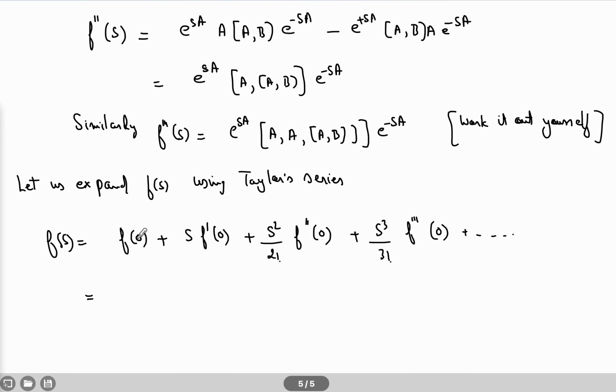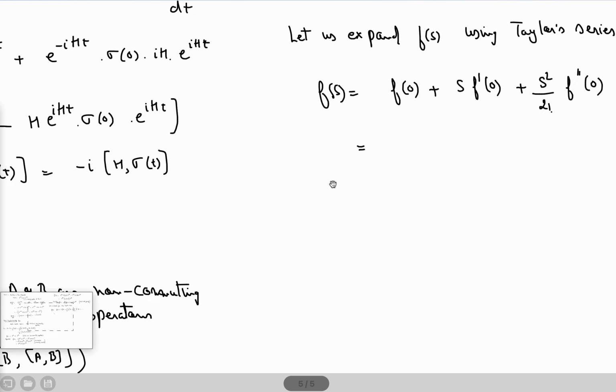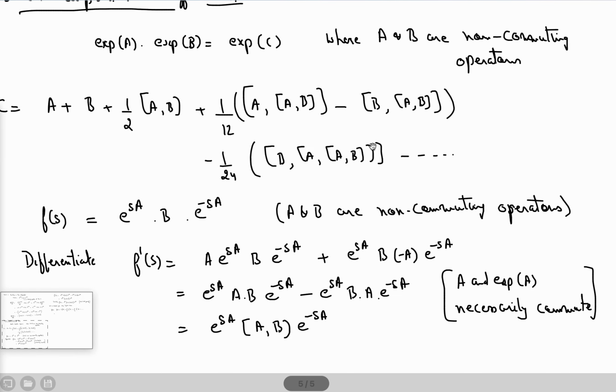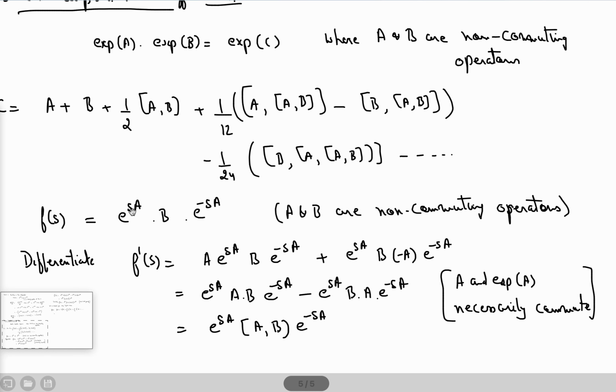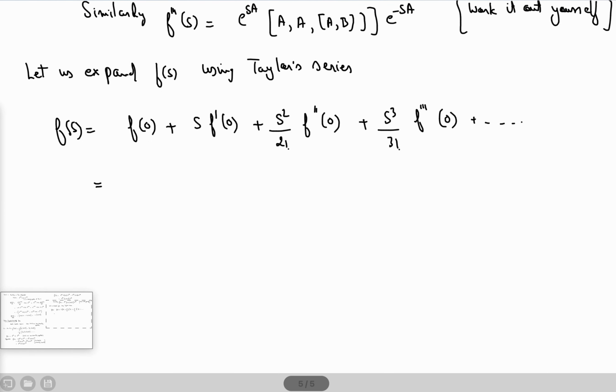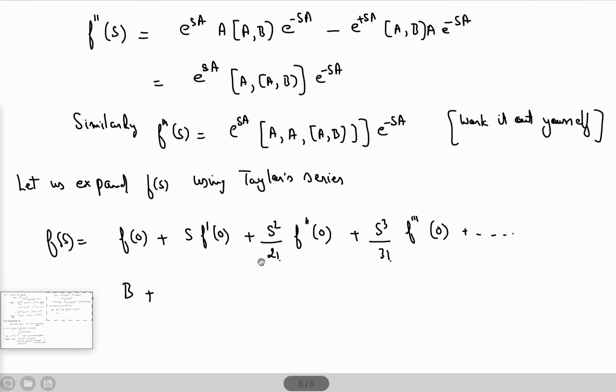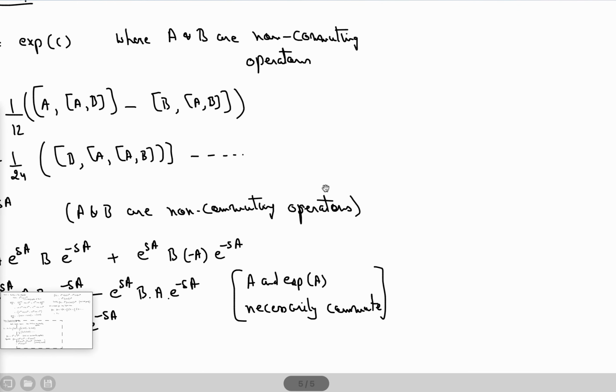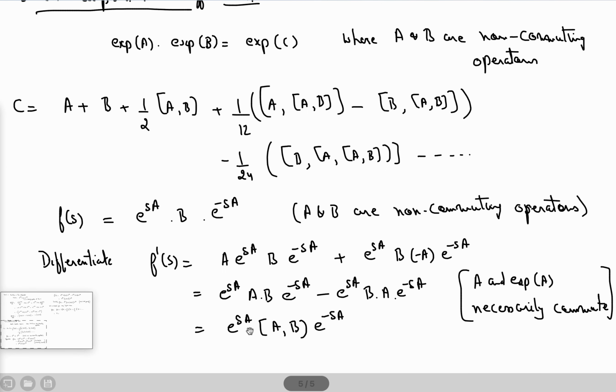So let us see what we get if we put s equal to 0 in the original function. The original function that we assumed was this over here. If we put s equal to 0, I am left with just b, because this will go to 1 and this will also go to 1, right? So here I will be left with b plus f prime 0. f prime s was this. If I put 0 again for s, these will be 1 and I will be left with the commutator of a and b, right?